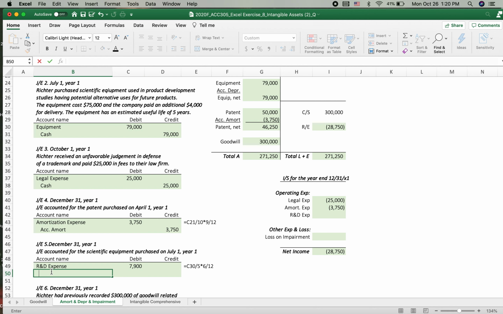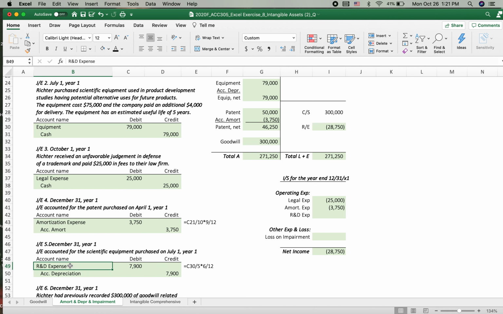So, but in order to allocate the cost of this equipment, now we should use accumulated depreciation. Accumulated depreciation on the balance sheet. Again, all the income statement accounts show the activity.